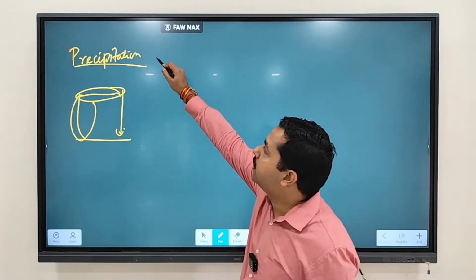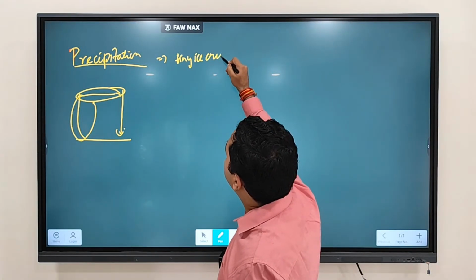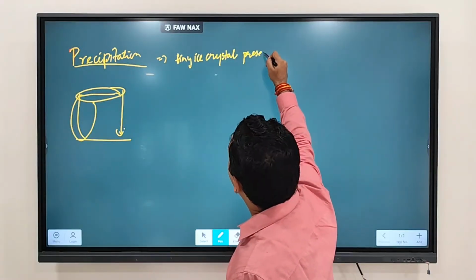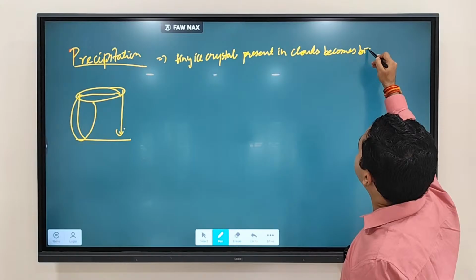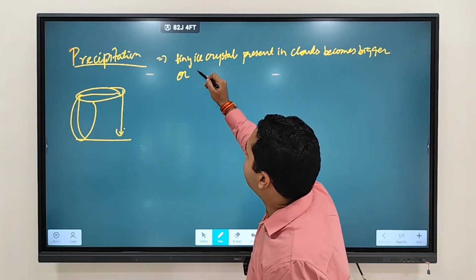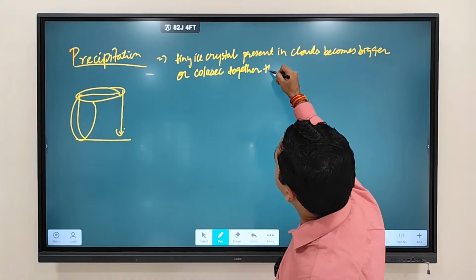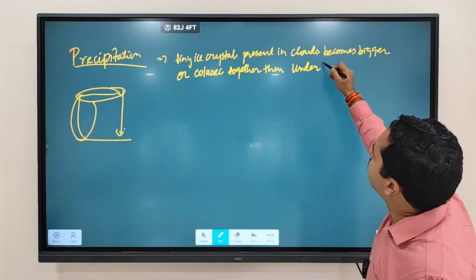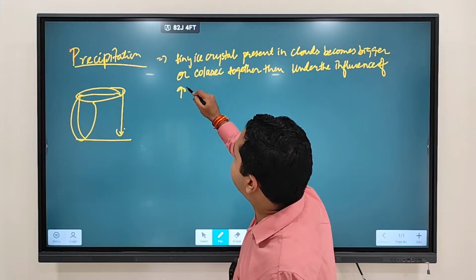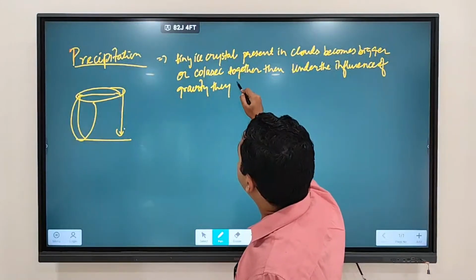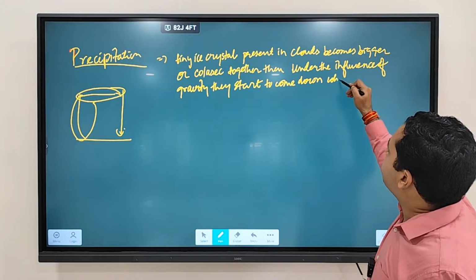So precipitation is what? When the tiny ice crystals present in clouds become bigger or coalesce together, then under the influence of gravity, they start to come down, which is referred to as precipitation.